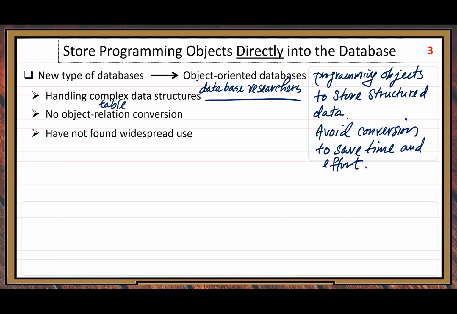Think about it: programming objects are binary data. How do you get a programming object? Its original form is binary data.